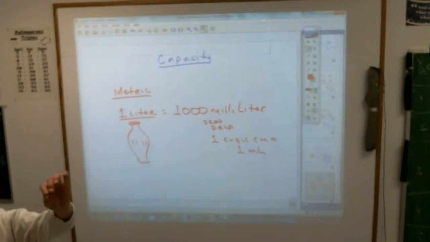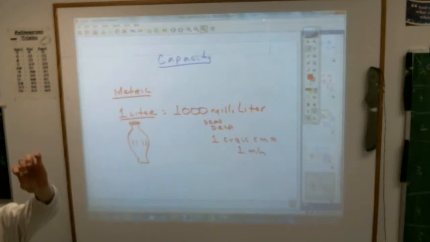So to say a milliliter is only a drop, it's probably more like 3 or 4 drops that it would take to fill up this thing here. So with that, knowing that, children, this thing right here is actually a liter of water.